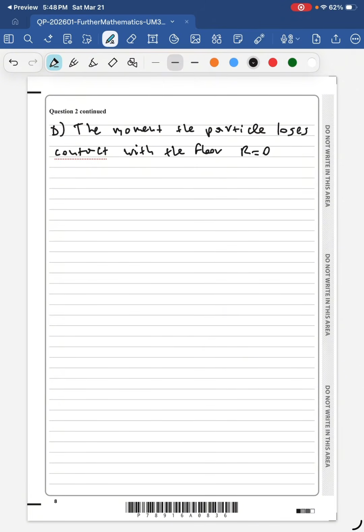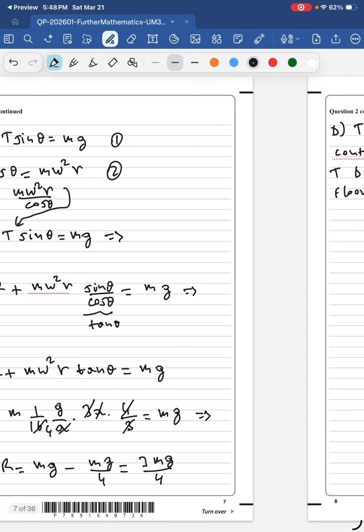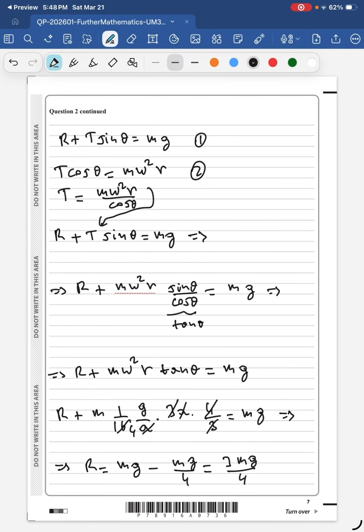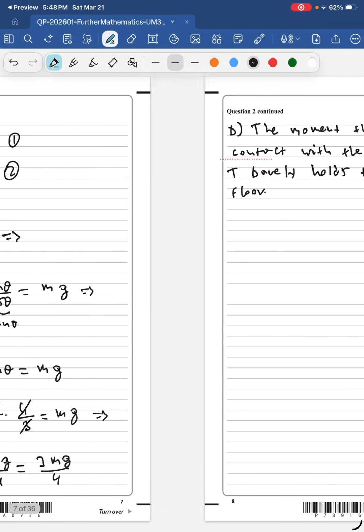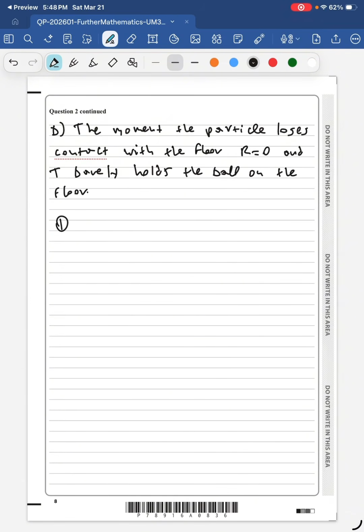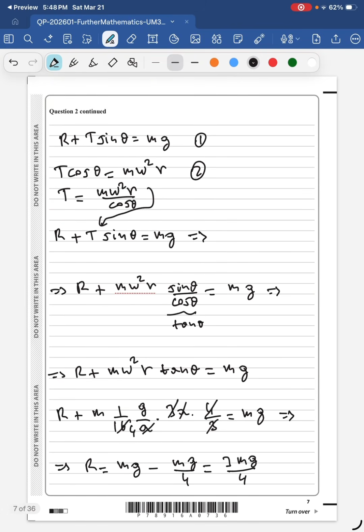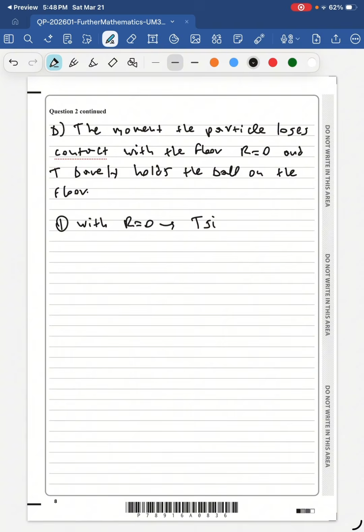So R becomes 0, and T barely holds the ball on the floor. So we will use our equations 1 and 2, but we will set R equal to 0. This is what I'm trying to say. So from 1 with R equals to 0 becomes T sine theta is equal to mg.